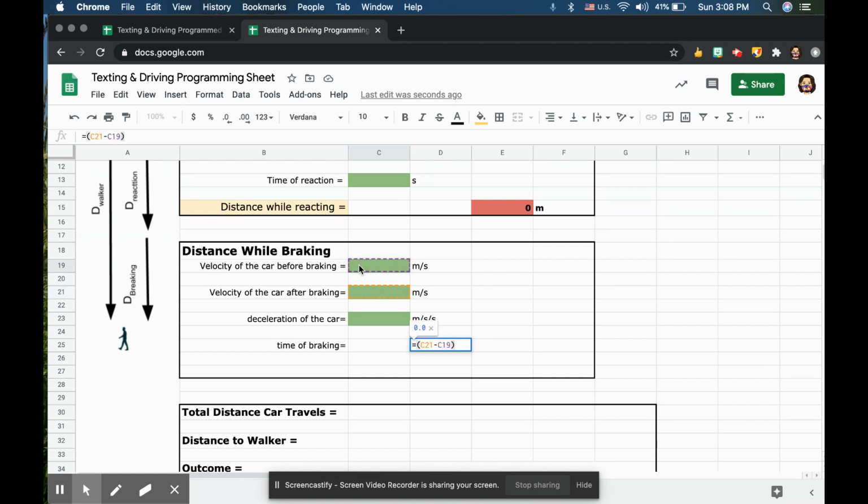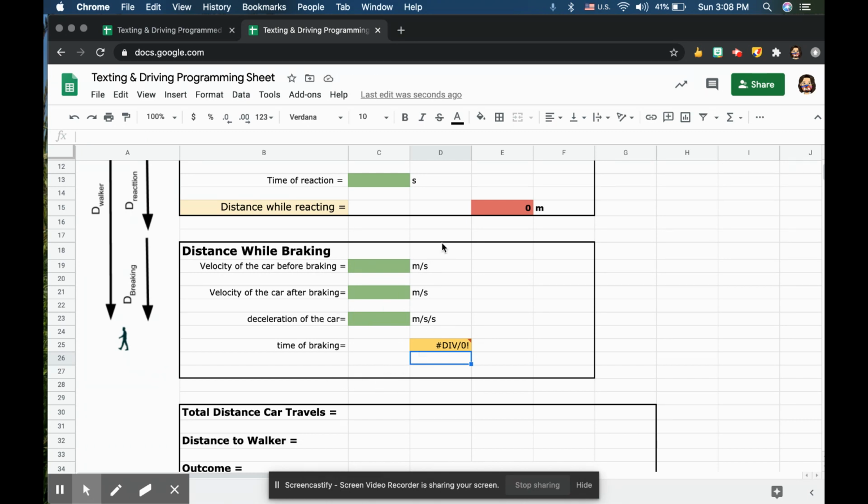Okay, so that's final velocity minus initial velocity divided by acceleration, which is C23. Once that is done, make sure you do not touch or click anything besides the enter button. All right, so that spot is now programmed for me.